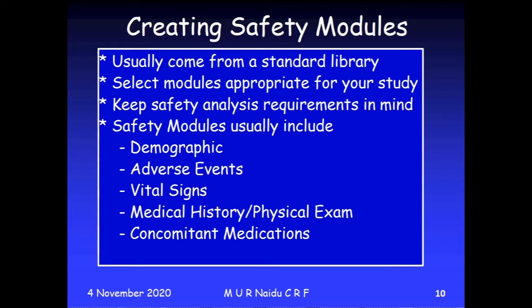You have to clearly write a section on concomitant medication, what the participant is actually using, because there may be some interaction or some side effects. So these are the main areas which are covered in a safety module in a case record form.